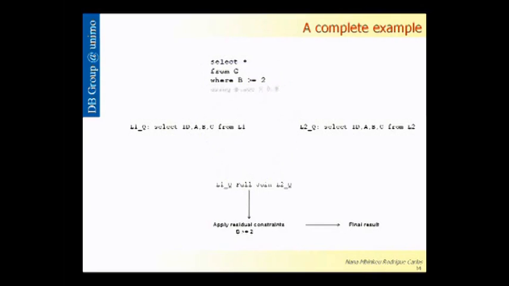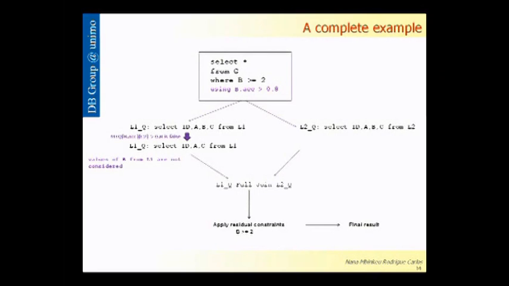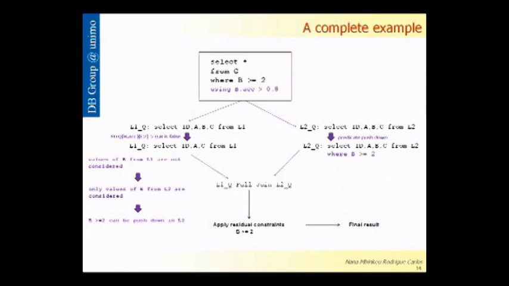So we include using. We obtain this data, where some values from L1 are not considered. We can push down the global constraint to the local source L1.